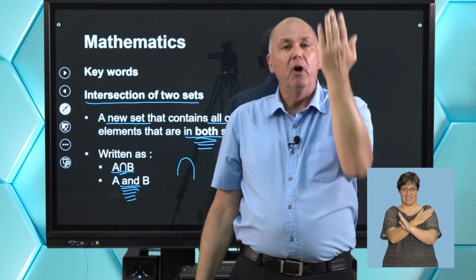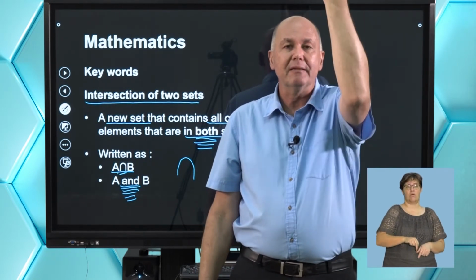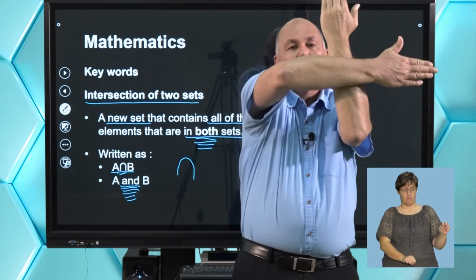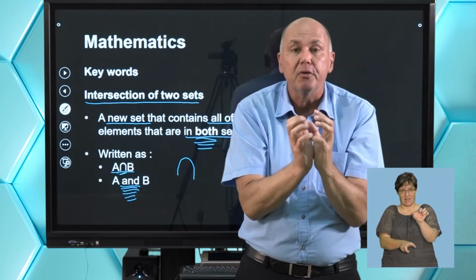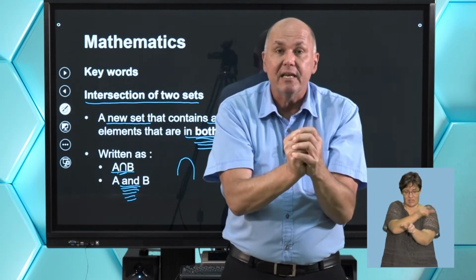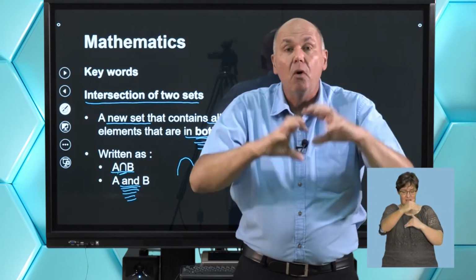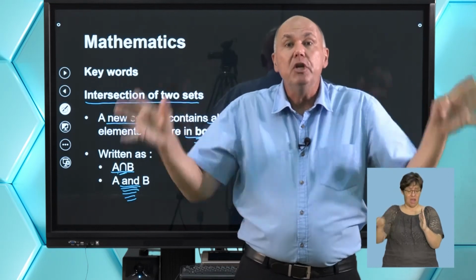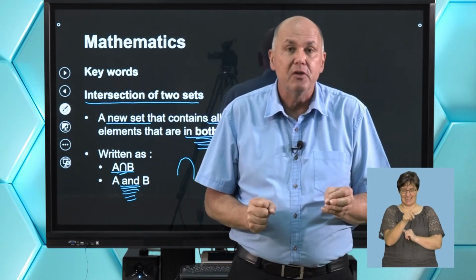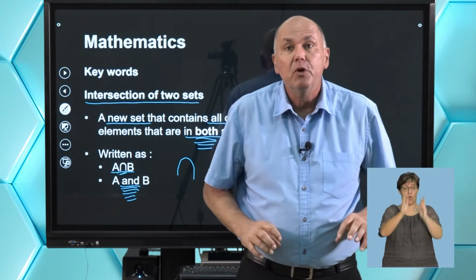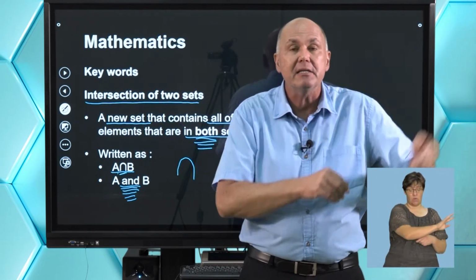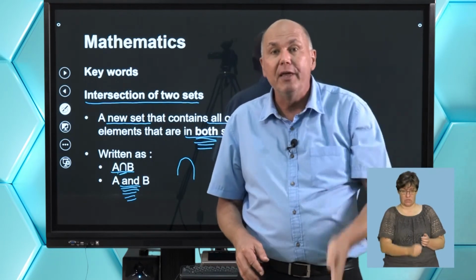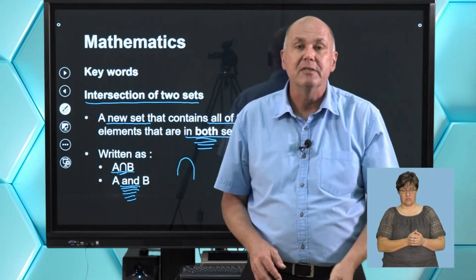So if you've got a road running from north to south, and you've got a road running from east to west, that part that belongs to both roads, that's the intersection. And it's smaller than the union of those roads. The union of those roads would be either to be on the road that is running from east to west or on the road that is running from north to south.